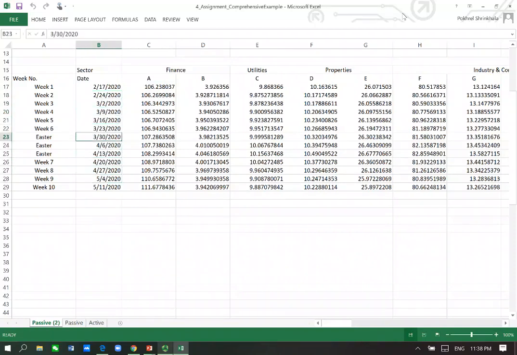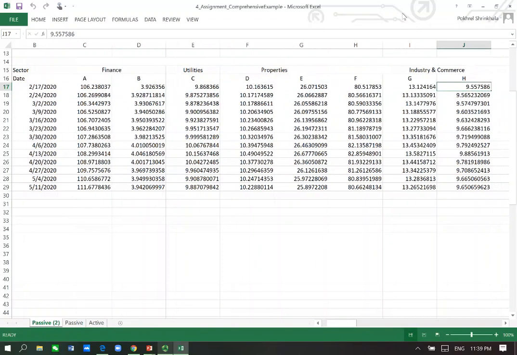So the dates are progressing weekly, and these are the share prices.